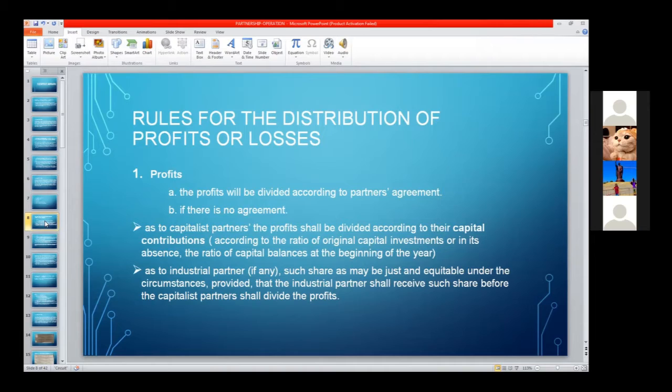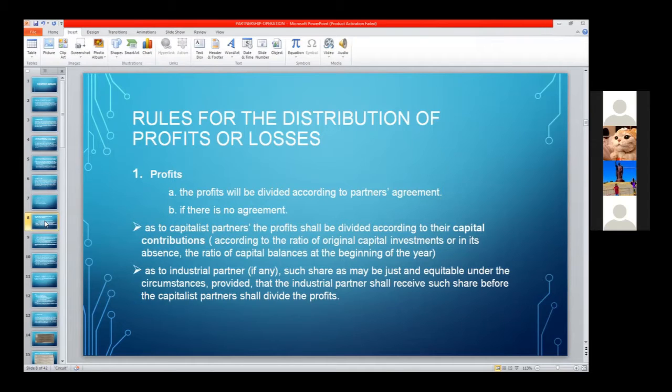So what if naman kung yung isang partner ay walang kinontribute money or property? Kasi ang kinontribute niya ay industry or yung skills, knowledge niya. So pag ganon, ang mangyayari, the industrial partner shall receive such share as may be just and equitable under the circumstances, provided that the industrial partner shall receive such share before the capitalist partners divide the profits.